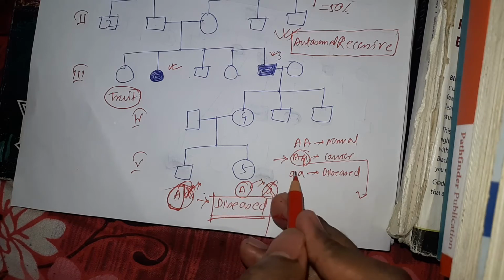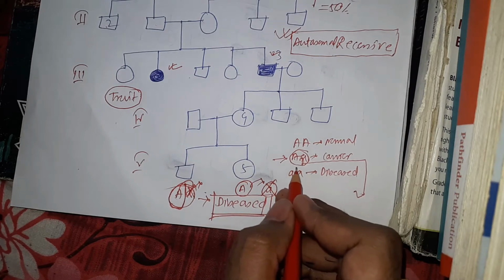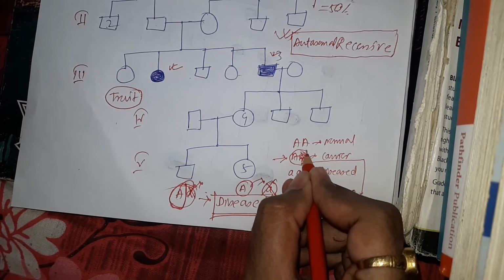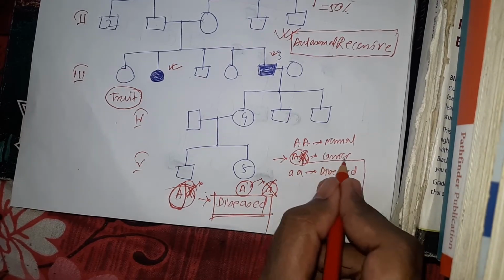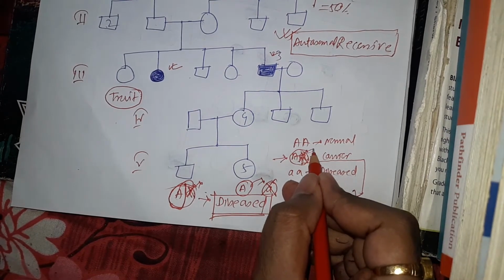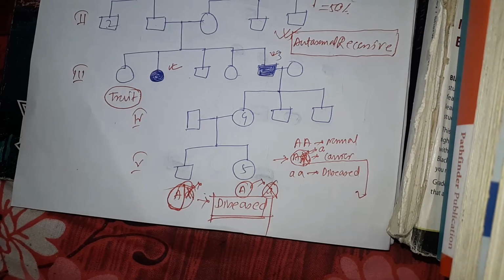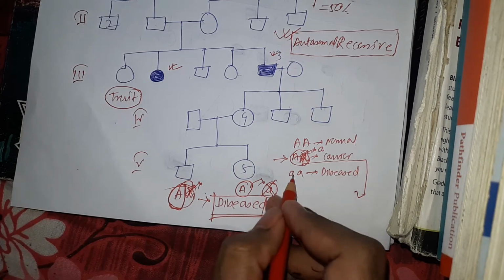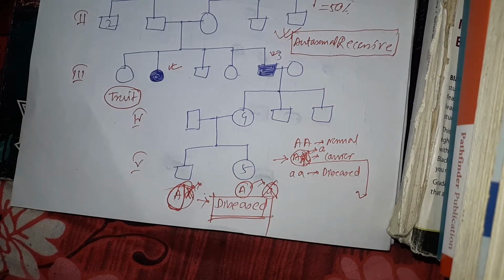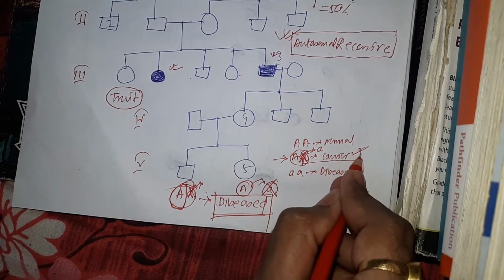And this is the simple reason why in an autosomal recessive trait, despite having a disease-causing gene, the individual is normal. But as the individual still has the recessive gene, it still has the ability to spread the disease in its progeny. That is why we assign the term carrier.